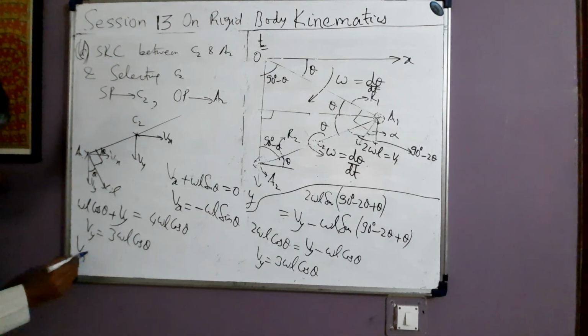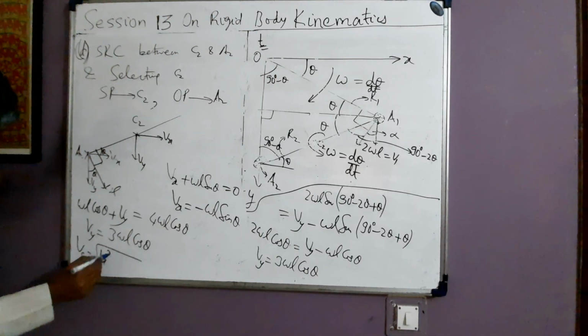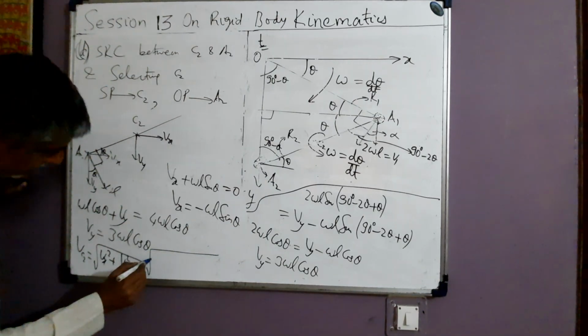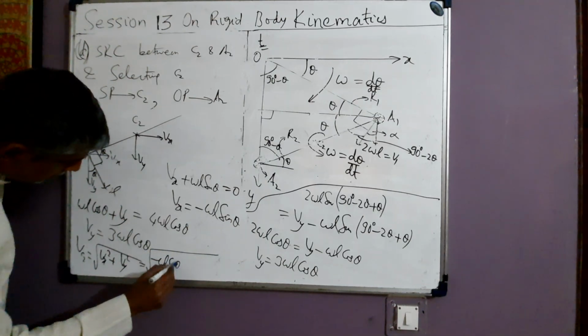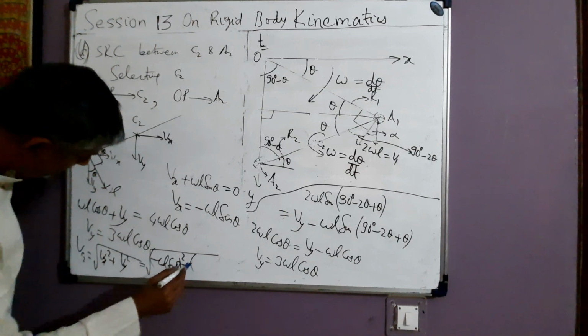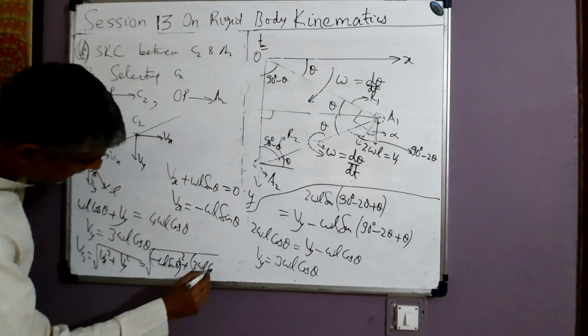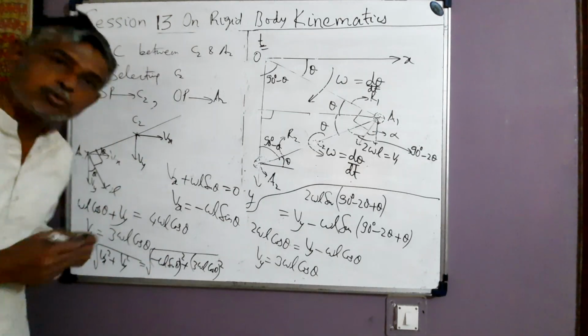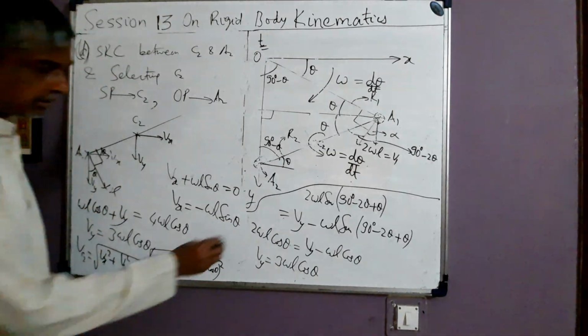The velocity of C2 again becomes how much? Root under Vx square plus Vy square. So this becomes minus omega L sin theta whole square plus 3 omega L cos theta whole square. Okay, and when you simplify you again get the same answer. Fine.